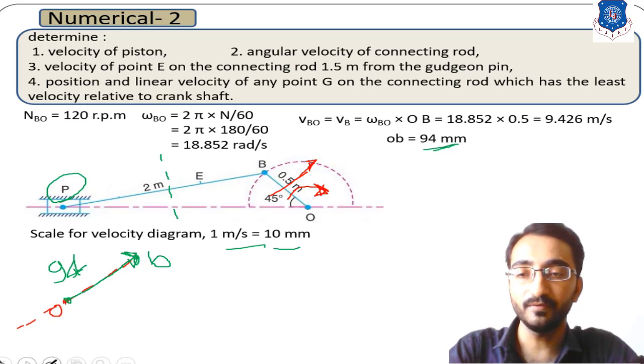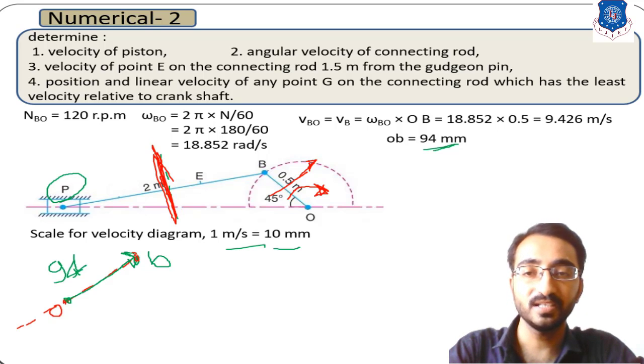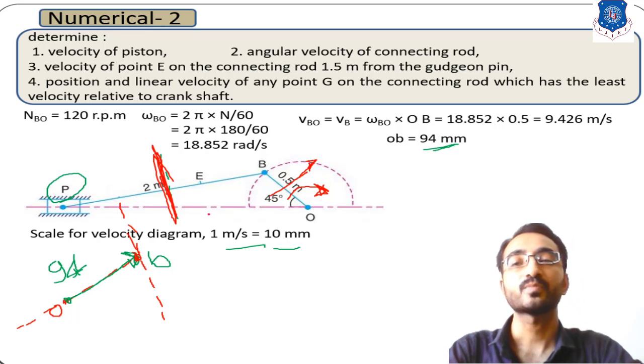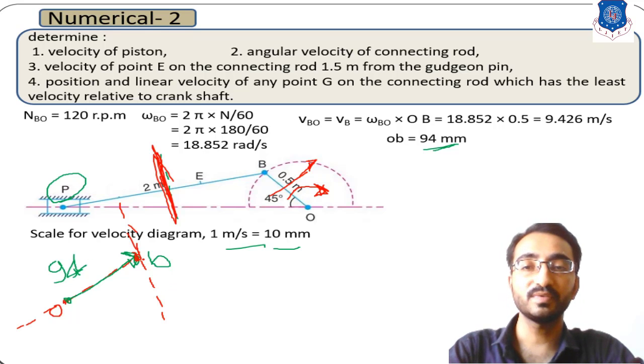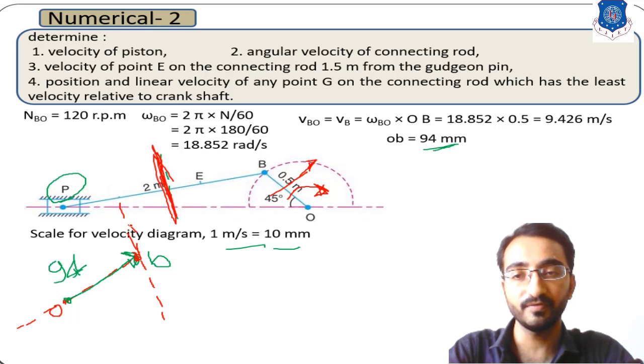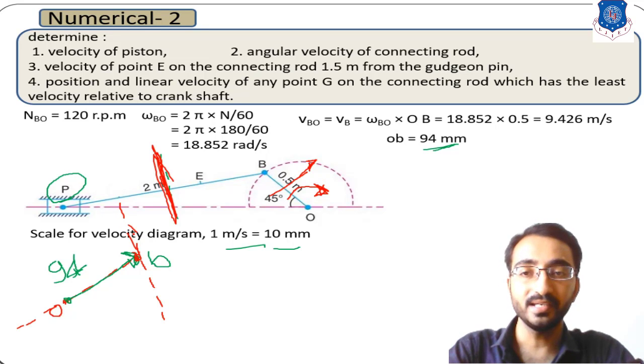So over here if you consider that the velocity is perpendicular in this way, that it is perpendicular to the line PB and passing from point B. So from point B you have to sketch one line which will be perpendicular to this line PB. Now the length of this PB is not given. So over here we cannot identify whether it is upward or downward, but we can sketch the basic reference line in this way.